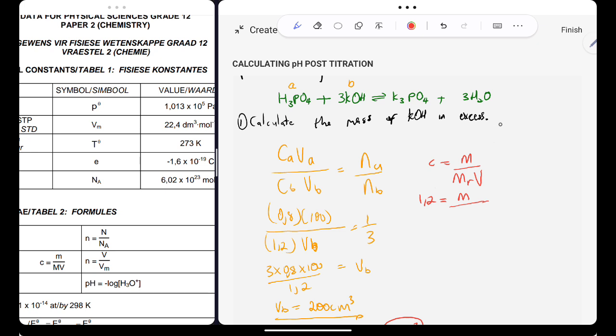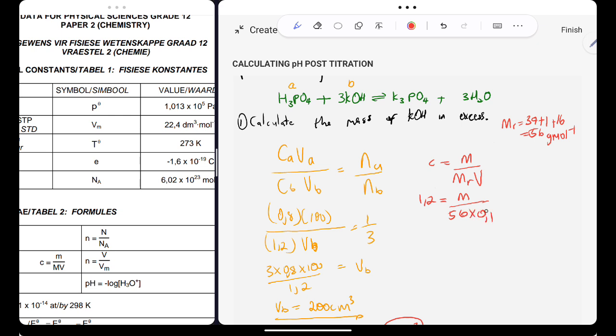The relative atomic mass number, I know that potassium is 39, hydrogen is 1, and then oxygen is 16. So this is 56 grams per mole. So I'll simply say 56 here multiplied by 0.1.